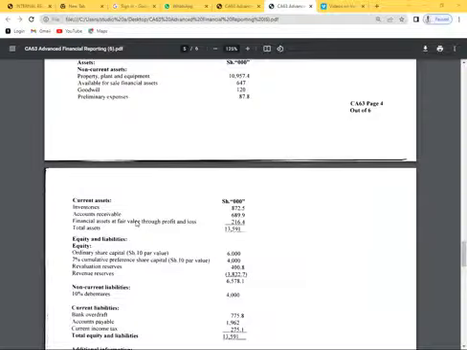I'm not writing any figures. Remember, I'm only copying. Then I have revenue reserves. I'm just copying everything. And then I have the current liabilities, the way it is given there. Under current liabilities, I can see bank overdraft.